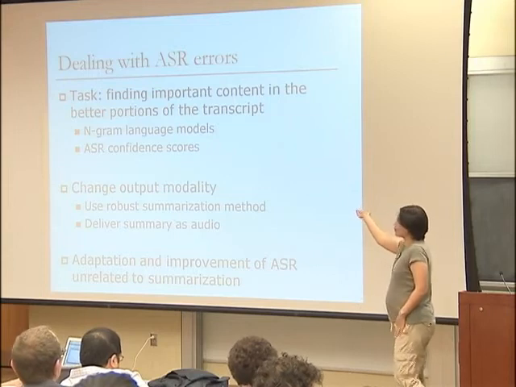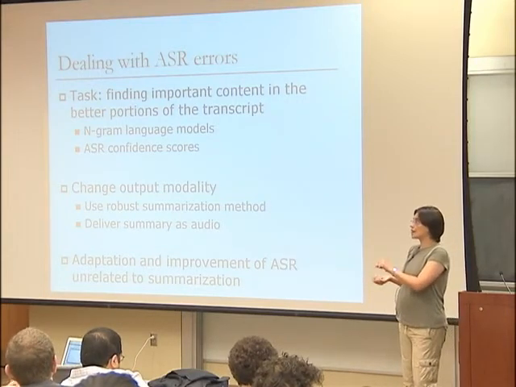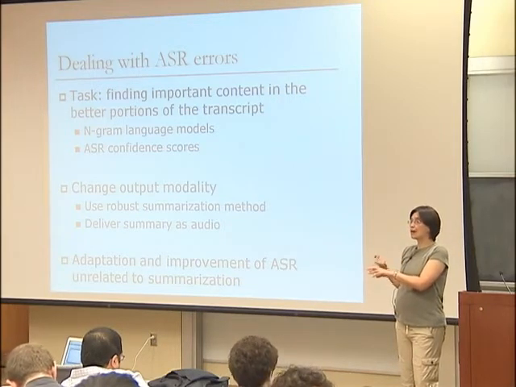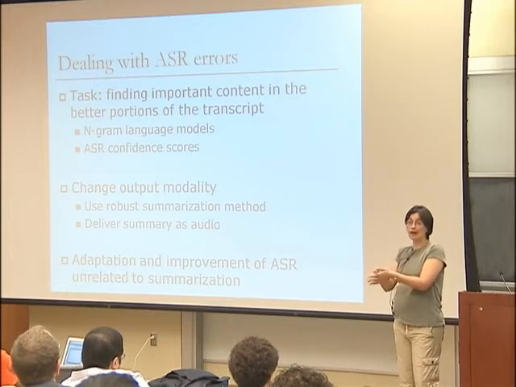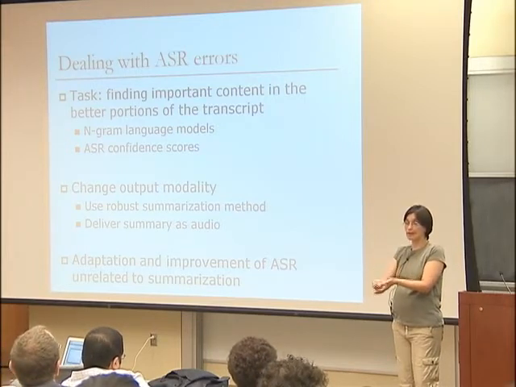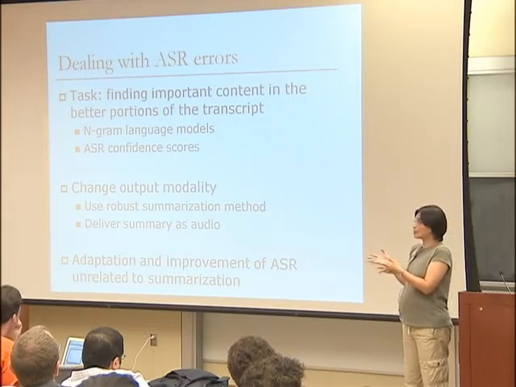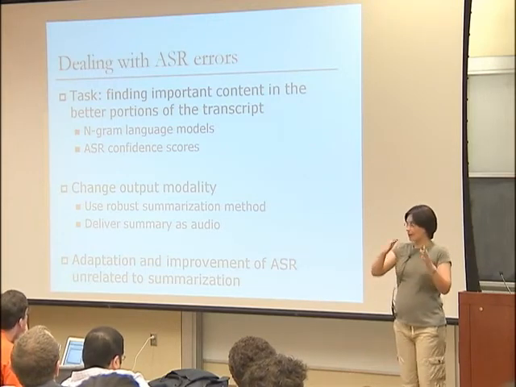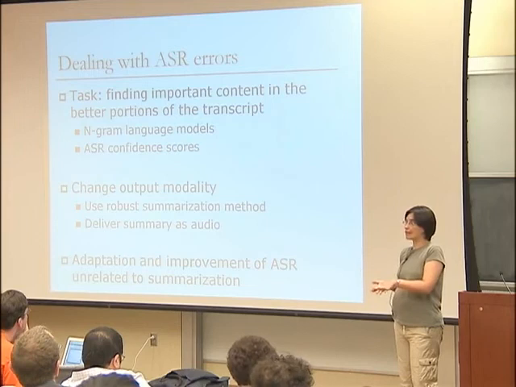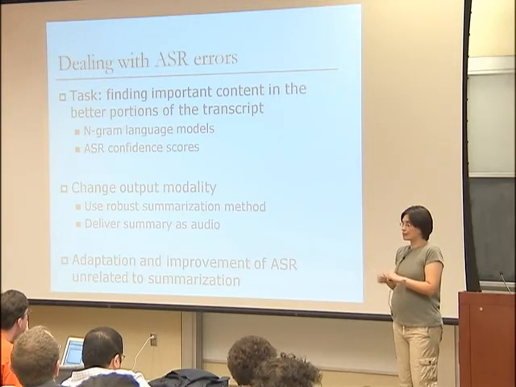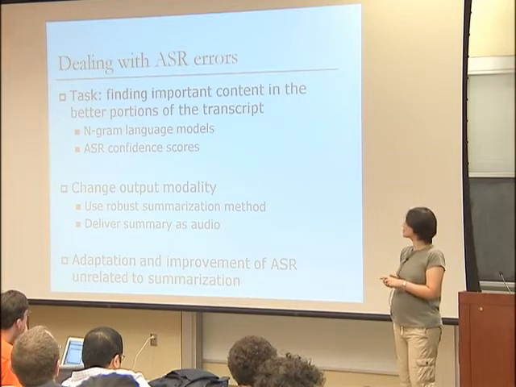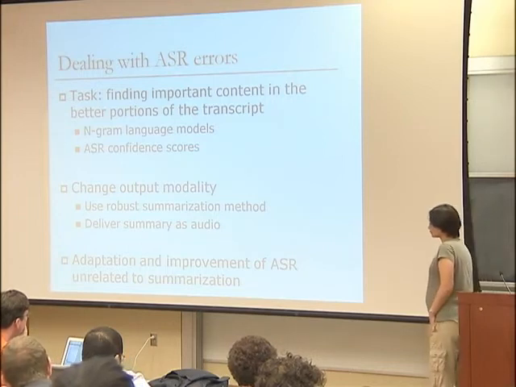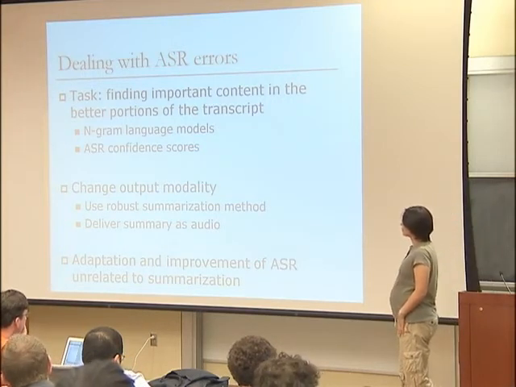And one thing that people have done, the obvious thing as well, is that the recognizers actually give you what words they think they heard, but also how confident they are that indeed the word said is the word that they suggested. So by incorporating these confidence scores in your selection, you find the importance of an utterance and then how trustworthy the transcription is, and you combine both scores to get the final desirability of putting an utterance in the summary.